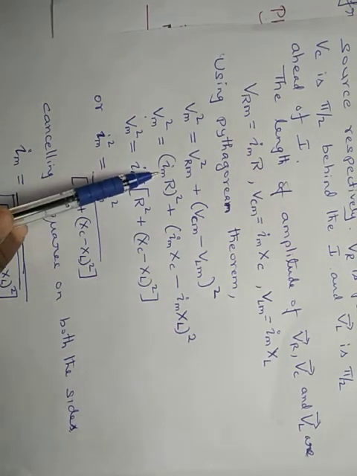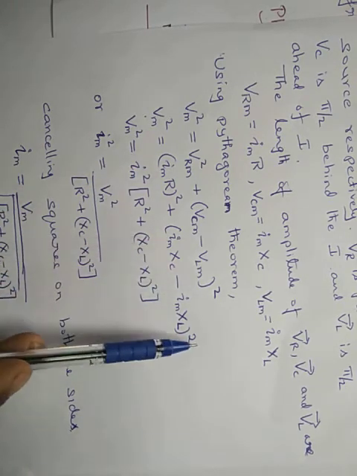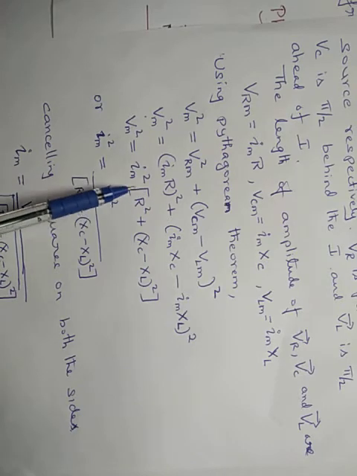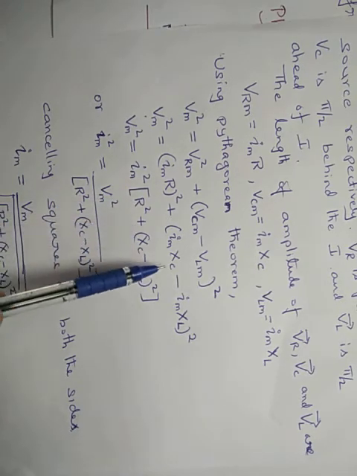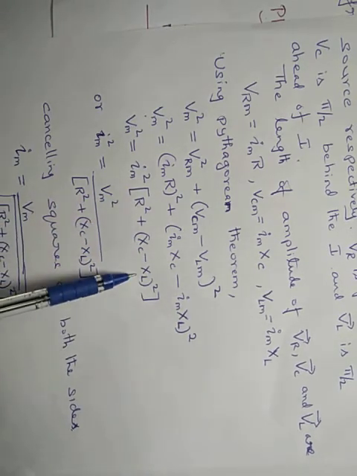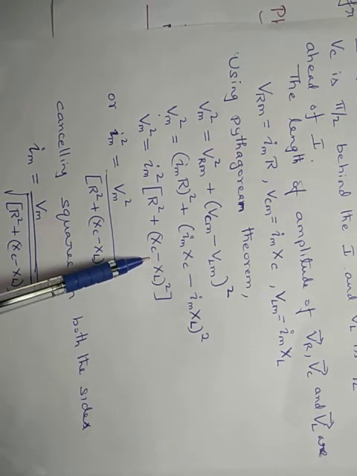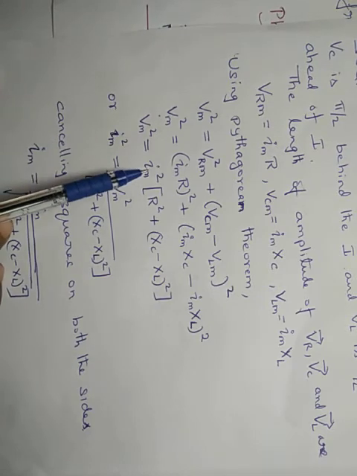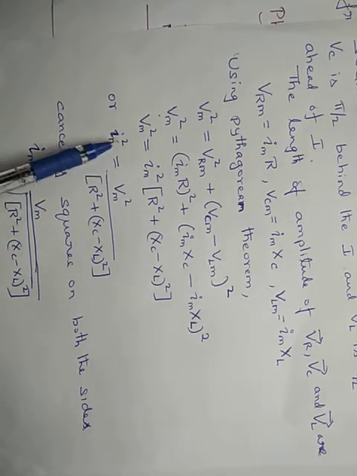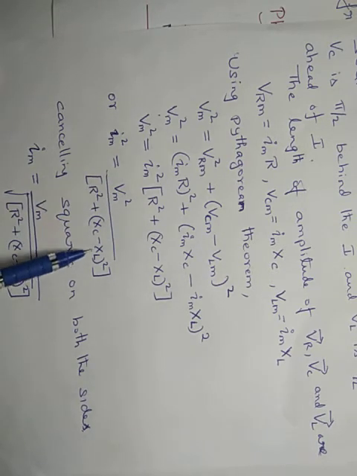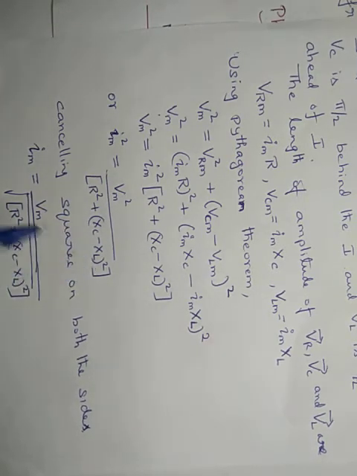Everywhere Im square is common, so you can take it out. You will get R square plus Xc minus XL whole square. Bring it to the left hand side, you get Im square equal to Vm square by R square plus Xc minus XL whole square.